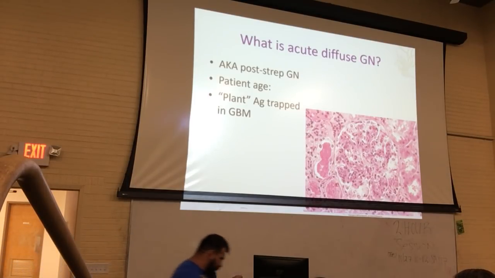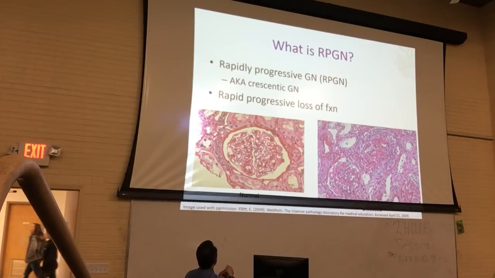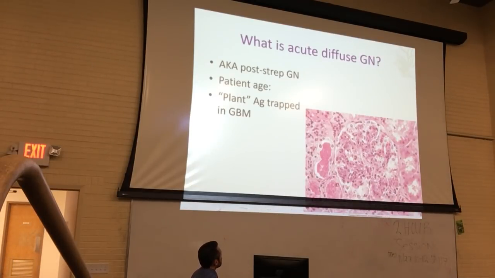And again, you can see all of the inflammatory infiltrate that's coming in. I can go back to the previous slide to show you the normal glomerulus architecture versus acute diffuse glomerulonephritis, where the glomerulus is missing the space and you've got a local infection that's happening here after a strep infection or a viral infection.